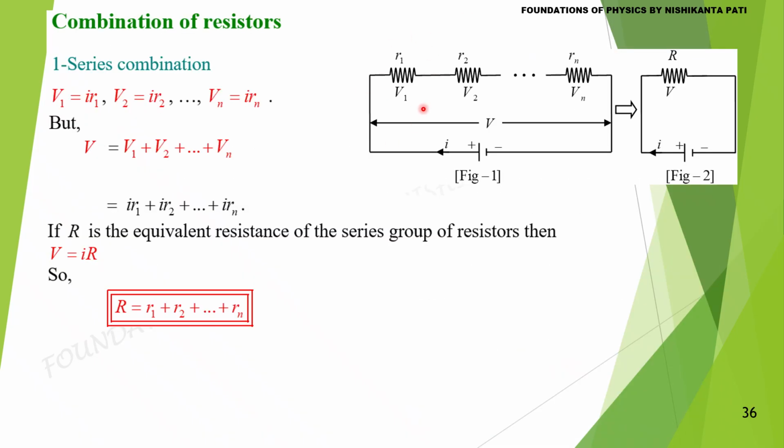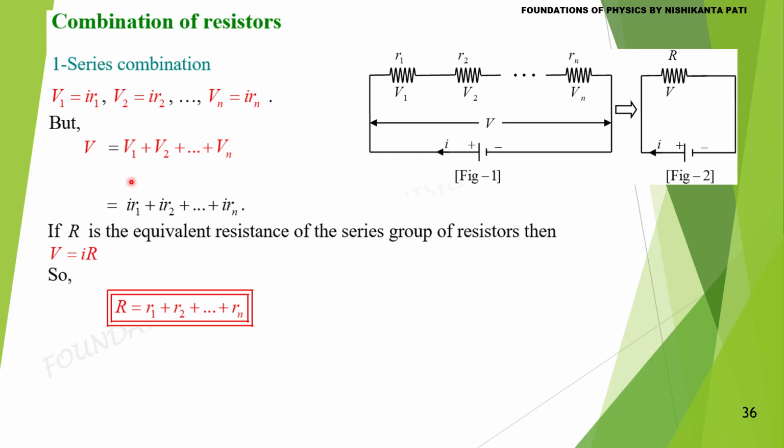Consider n number of resistors connected in series, and this series group of resistors is connected across a battery that provides a potential difference of V. Here, the same current I flows through each resistor. The potential difference across the first resistor, V1, is IR1. Similarly, the potential difference across the second resistor, V2, is IR2.